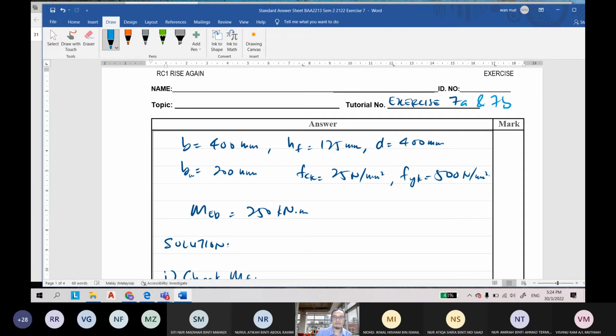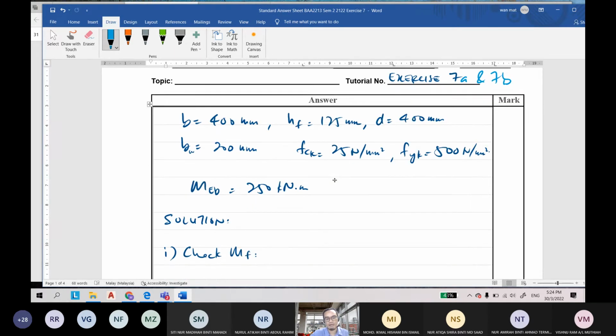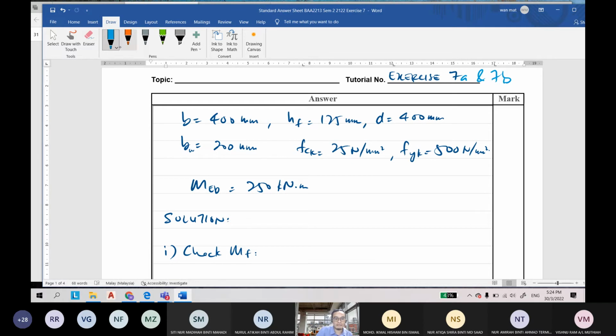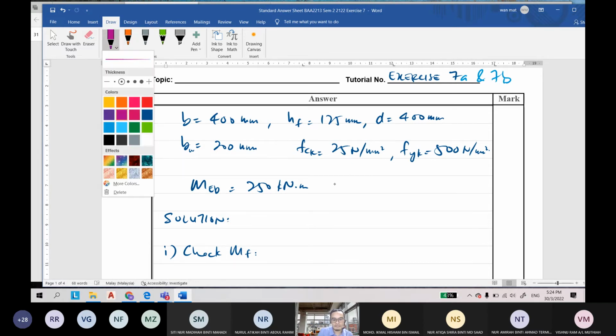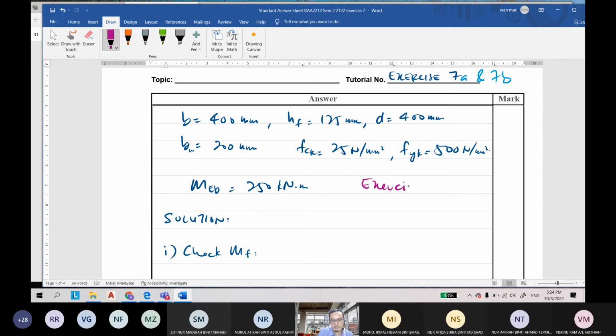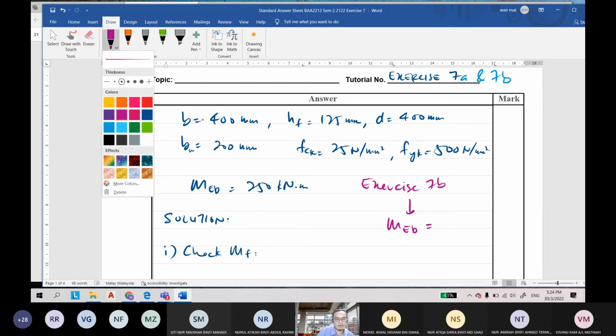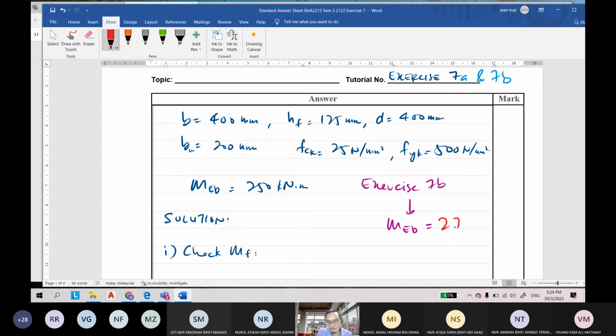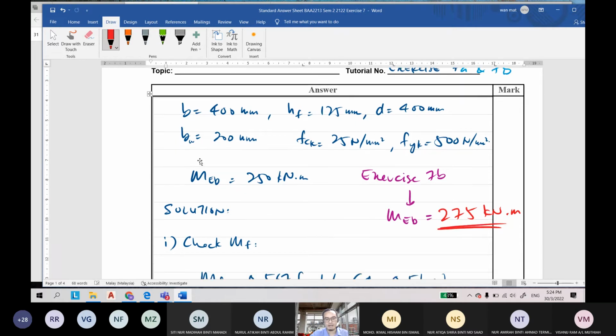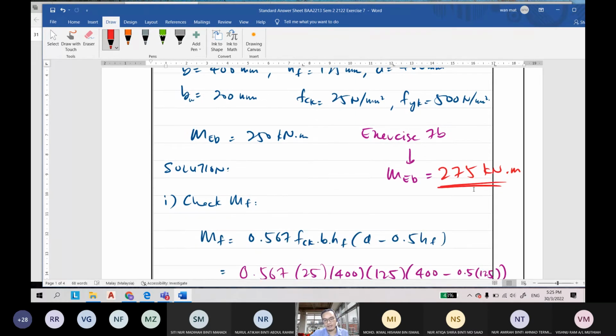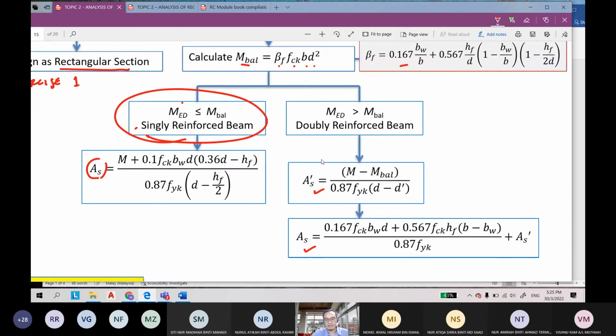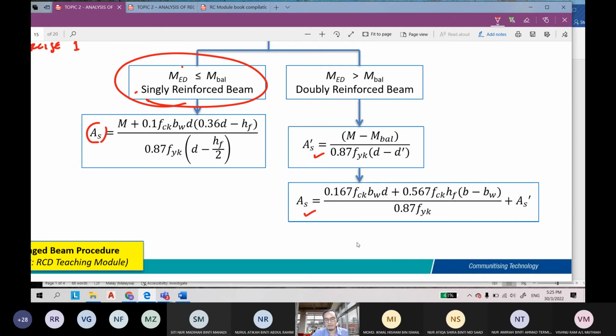Exercise 7B is still similar in values, but the MED is equal to 275 kilonewton meter. The procedure is still similar, but you just increase the value of MED, so it will be doubly reinforced.